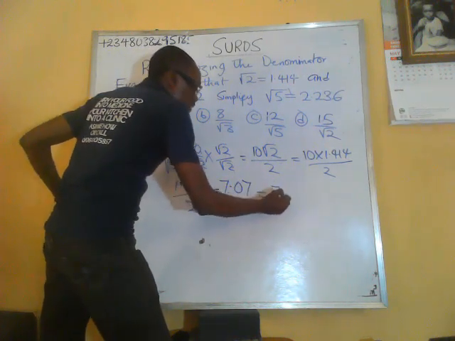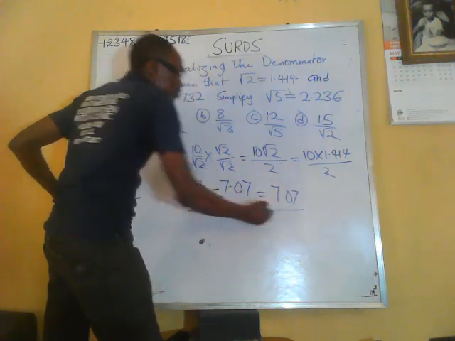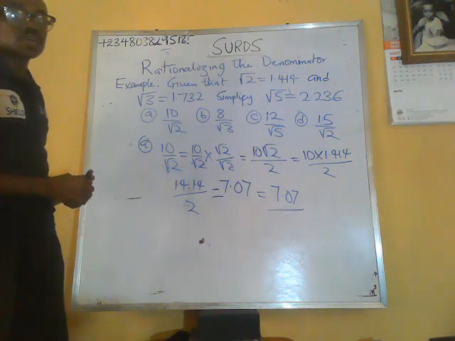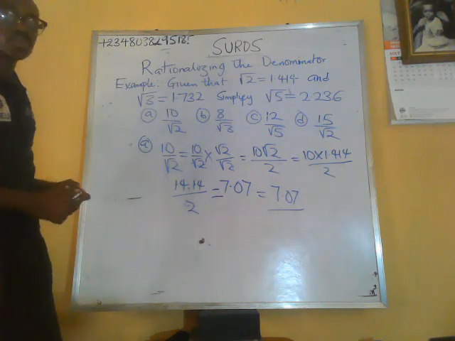So the final answer is 7.07. As simple as that.